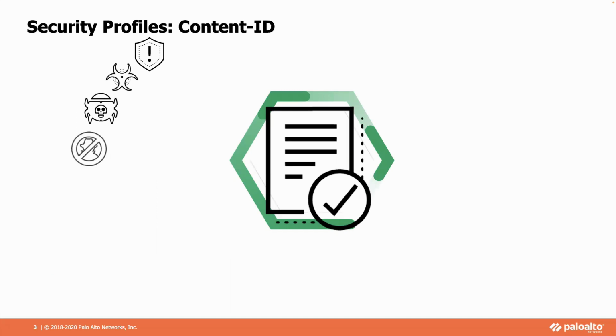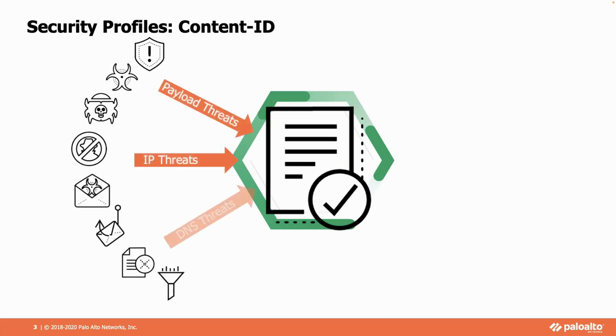The idea with Content ID, our threat protection, is that we can look at payload threats, we can look at IP-based threats, attackers, and bad actors and things like that, and DNS-based attacks, traffic heading to or from malicious URLs and host names, and we have the ability to use our artificial intelligence, our machine learning, our signature-based protections to clean this traffic and make sure that your users have a clean feed, that they're safe.